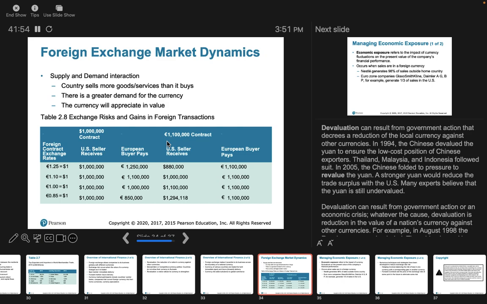And when the country imports more, it's losing money, okay, and this will affect its currency, and it will be devalued. It will devalue, because the country is highly dependent on other countries to survive.